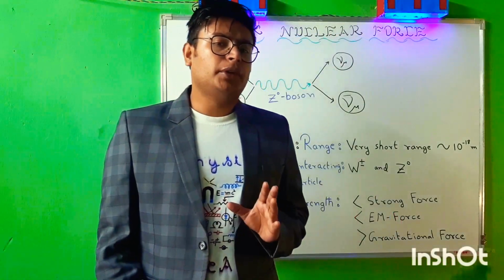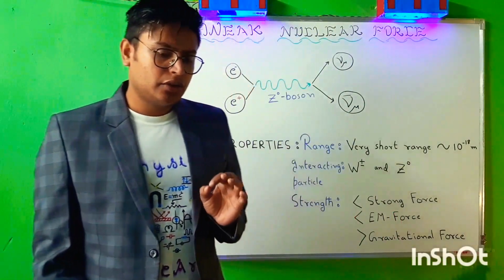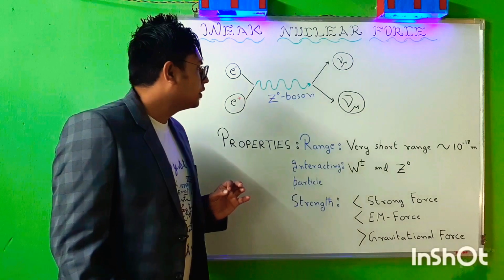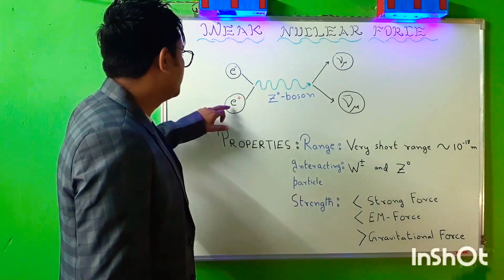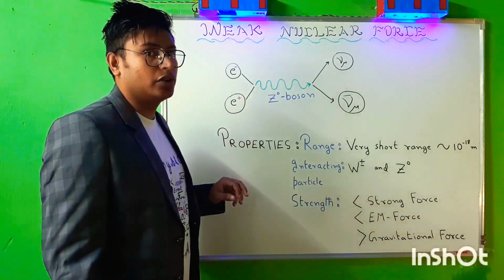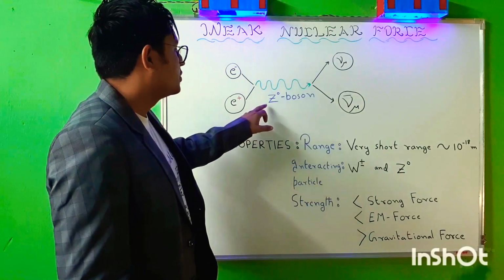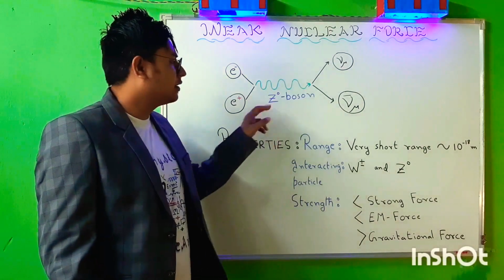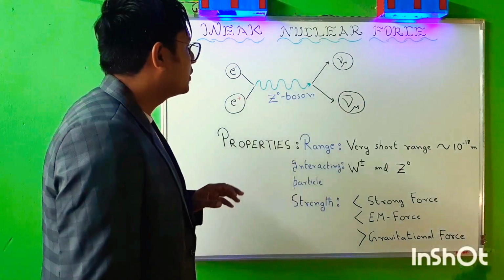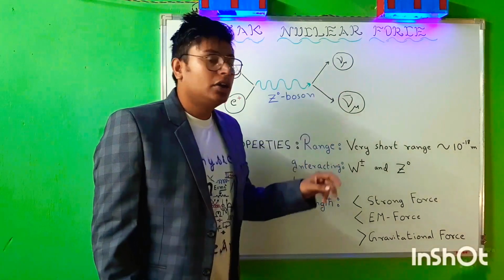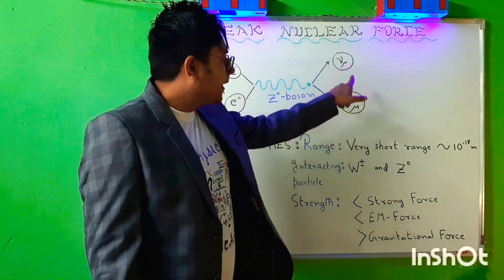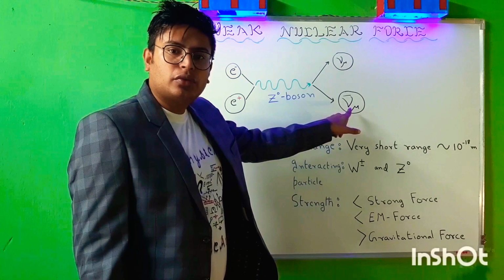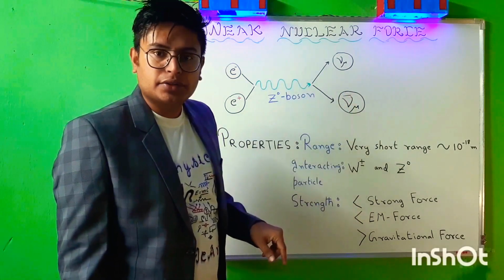The third phenomenon in the weak nuclear force or the weak interaction involves the collision between a positron and an electron, emitting a Z0 boson, which is electrically neutral, which further decays into a muon neutrino and anti-muon neutrino. Okay, these are also elementary particles.